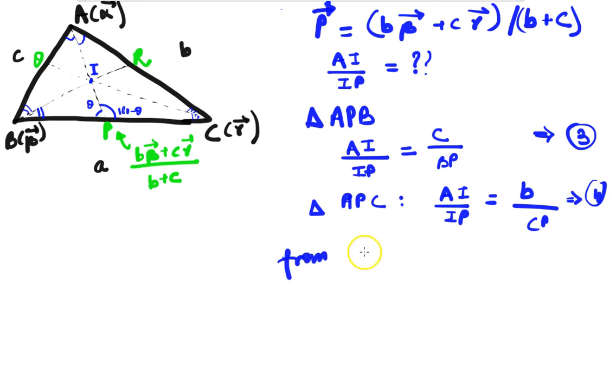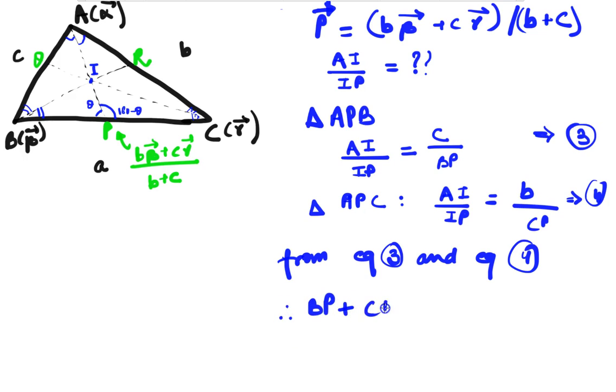So from equation 3 and equation 4, we can say BP plus CP, so BP plus CP is C into IP by AI plus B into IP by AI.